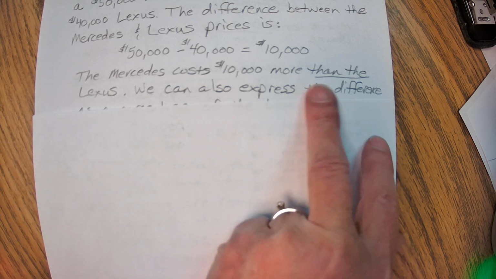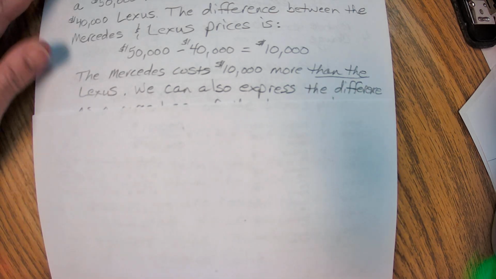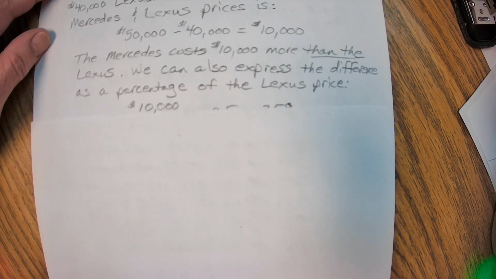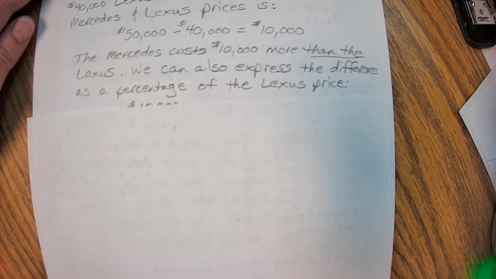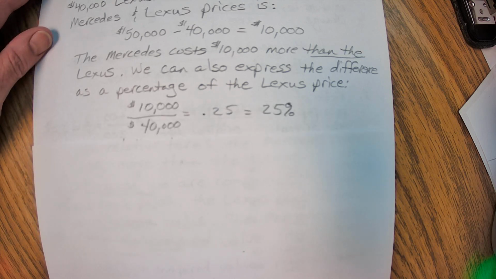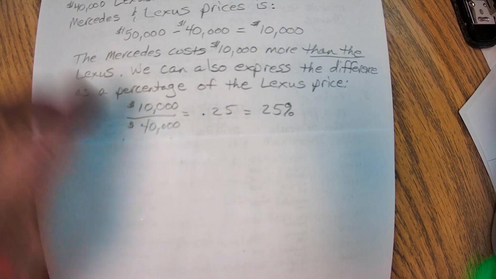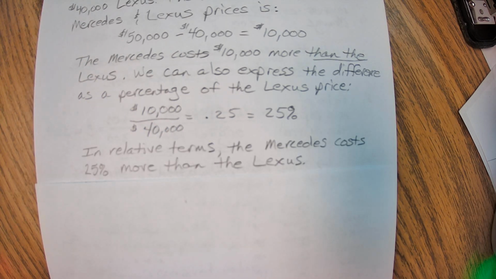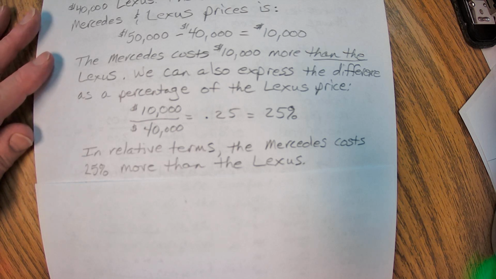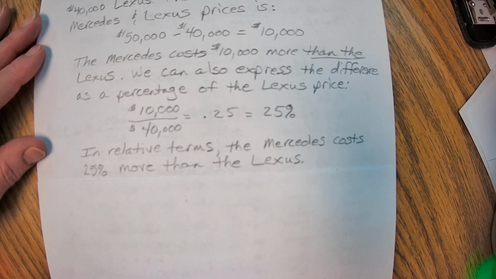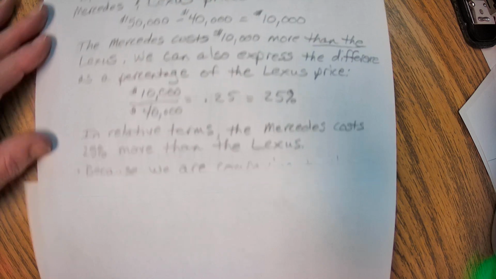I want you to pay attention to how this is written. We can also express that difference as a percentage of the Lexus price. So $10,000 divided by 40,000 is 25%. So in relative terms, the Mercedes costs 25% more than the Lexus.